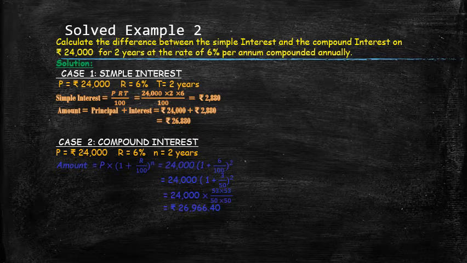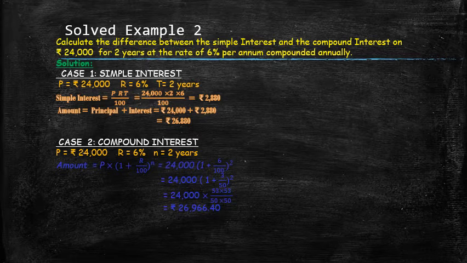So that is equal to 24,000 into 1 plus 3 by 50, the whole raised to 2. While calculating and simplifying, we get the final answer as rupees 26,966.40.